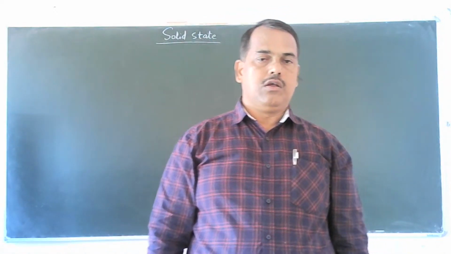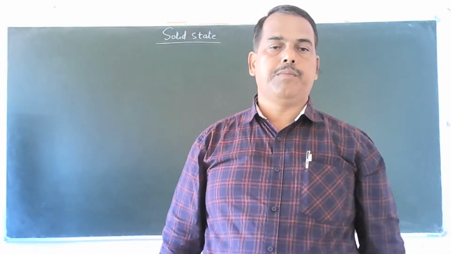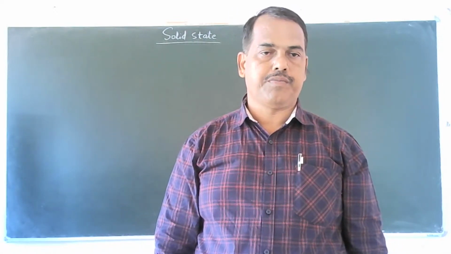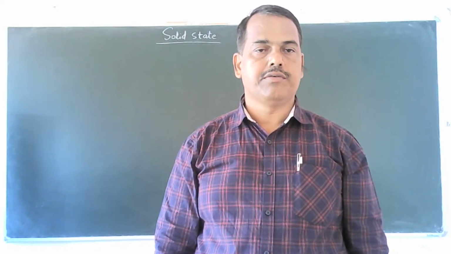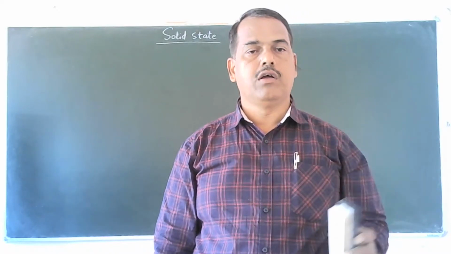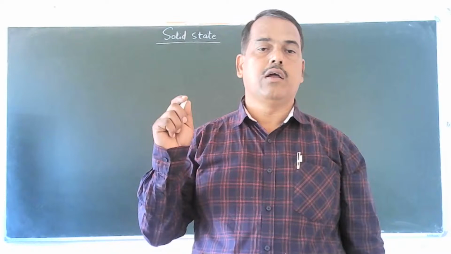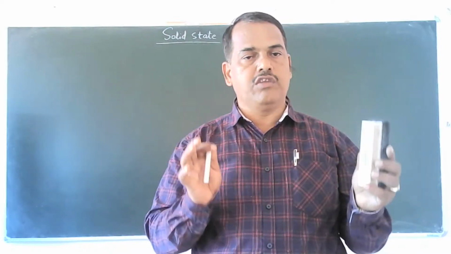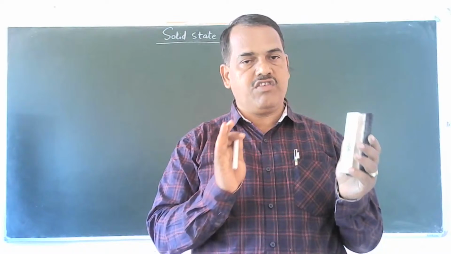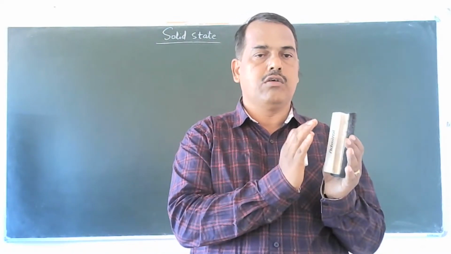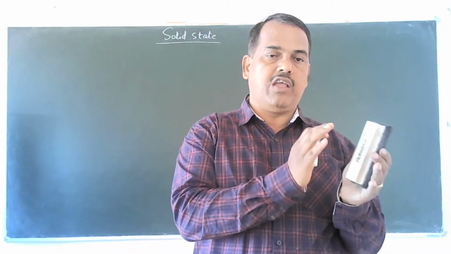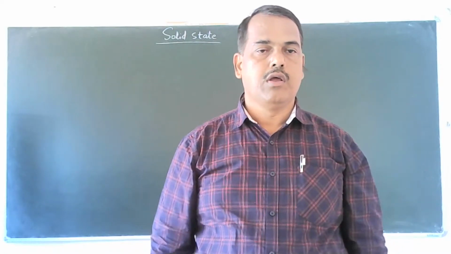See, matter exists in three important physical states: solid, liquid and gaseous state. In a solid state, the particles are closely arranged, so solids have definite shape, size and volume.